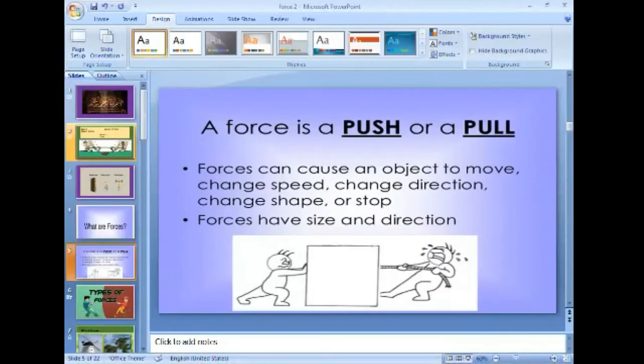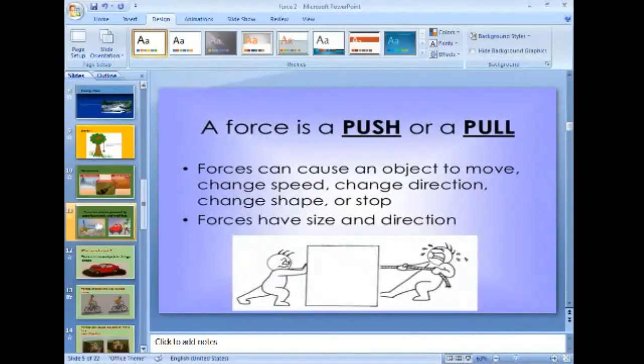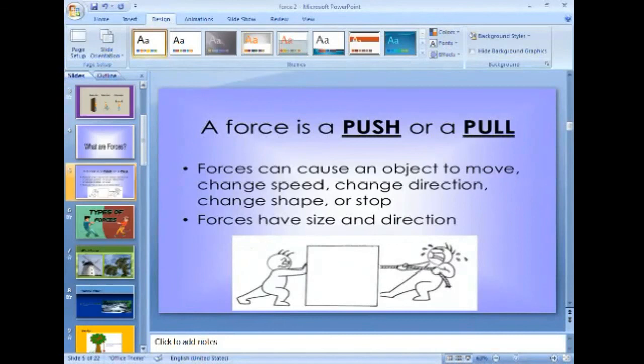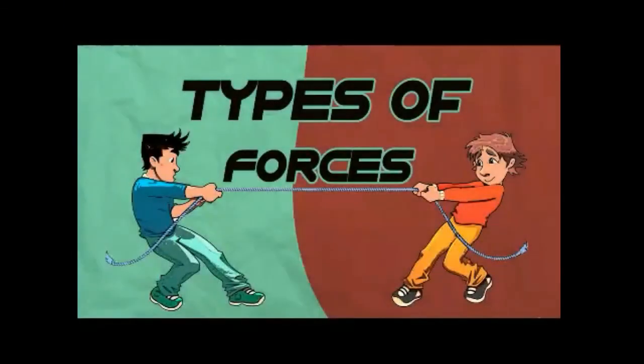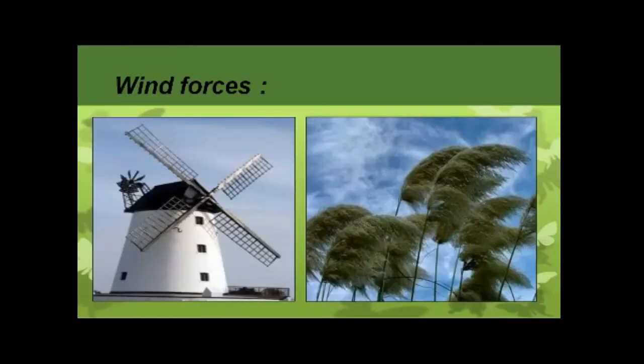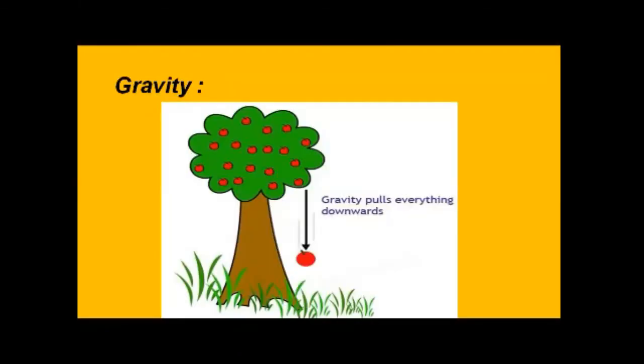Now the next question is to list three different types of force. Number one type, wind force. The second type is running water force, and the third type is gravity.